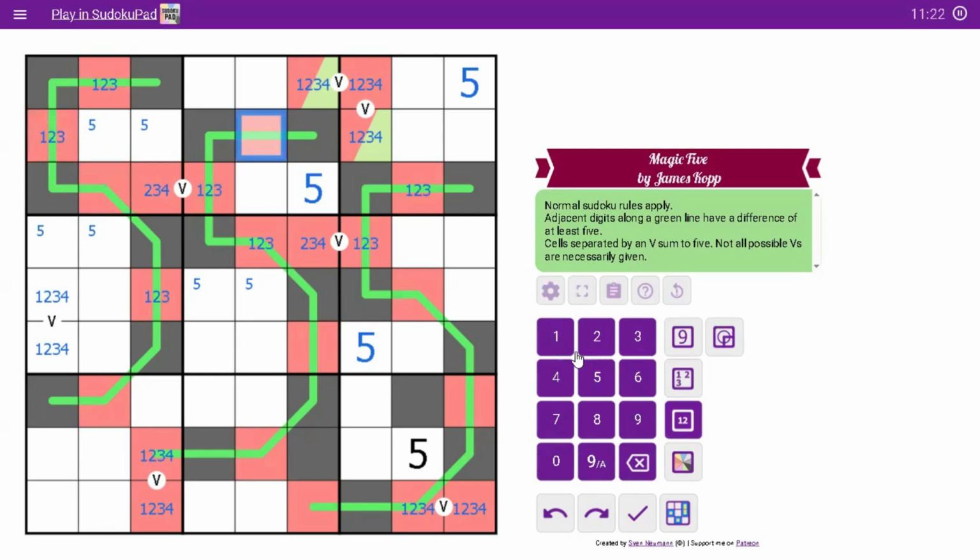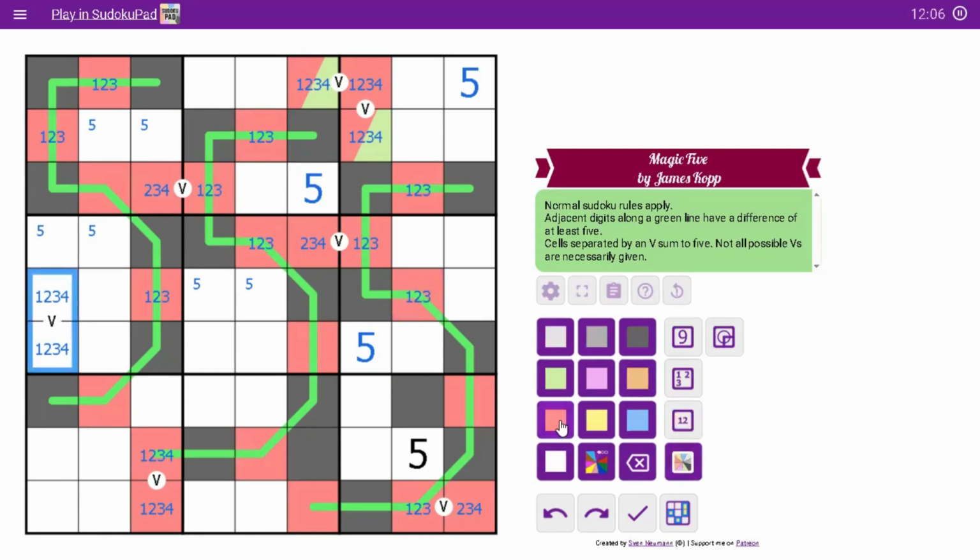This is not a 4, so it's 1, 2, 3. And I feel like eventually we're going to land on a 4 somewhere. But the question is where? That's not a 4. That's not a 1. That's not a 4. This is a 1, 2, 3. Obviously, these are both low.